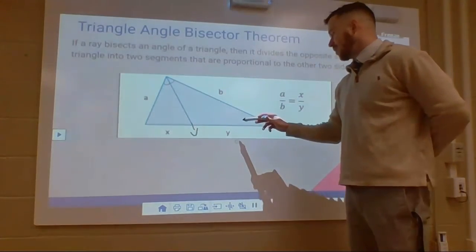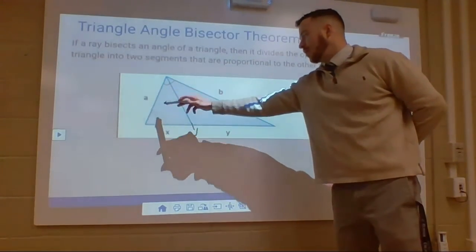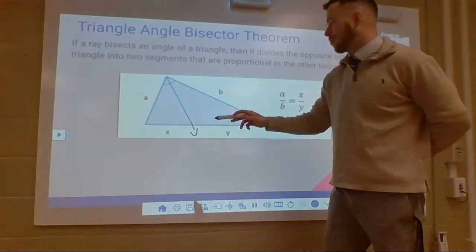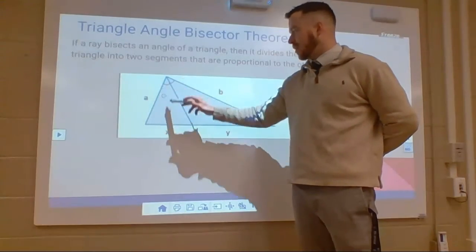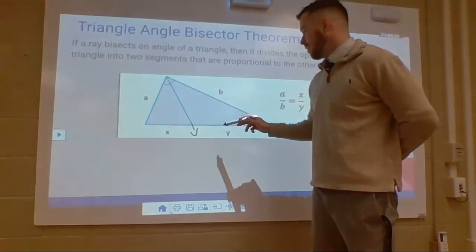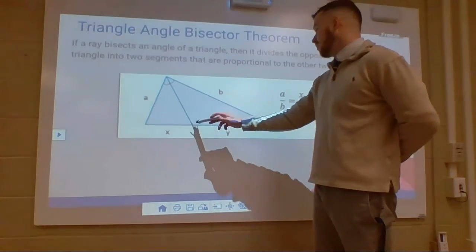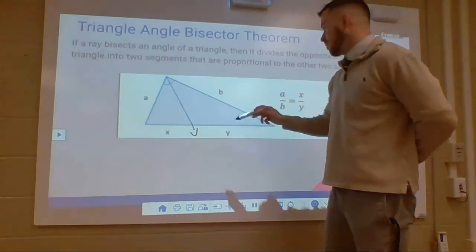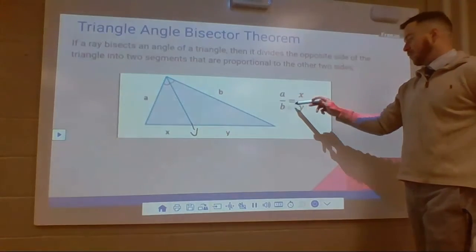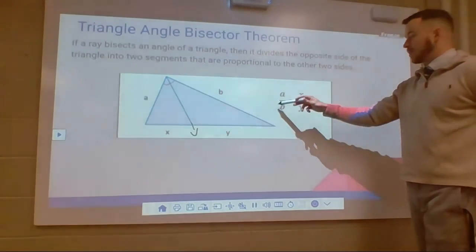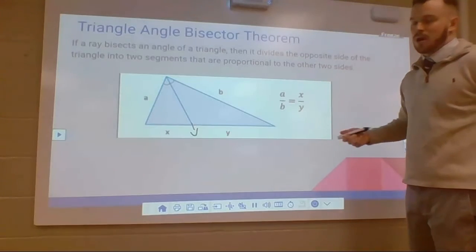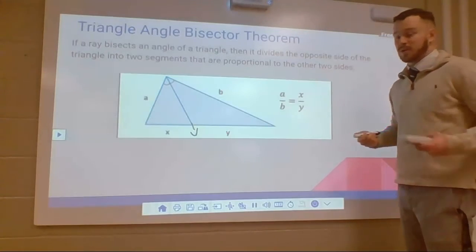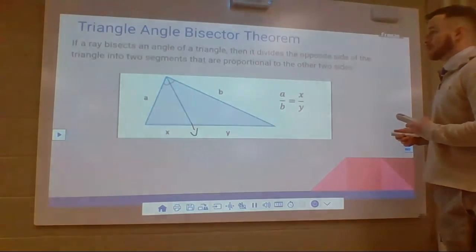You can put them in the same fraction, and then make sure you line up the corresponding parts. You can see that X and A are on the same triangle, that smaller triangle here, and then B and Y are on the same triangle here. So B and Y are both in the denominator, A and X are both in the numerator. So just make sure you're lining up your corresponding parts correctly when you set up your proportion.